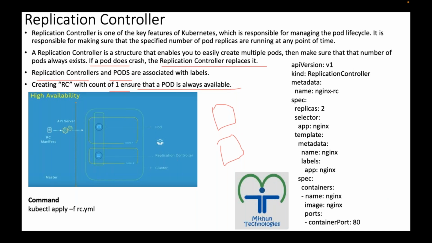Now, is it possible for me to scale the pods? I created a replication controller with 2 replicas. At any point of time, can I scale my pods from 2 to 3 or 3 to 4? Later also, based on the load, will I be able to scale up and scale down the number of replicas of that controller? Yes.